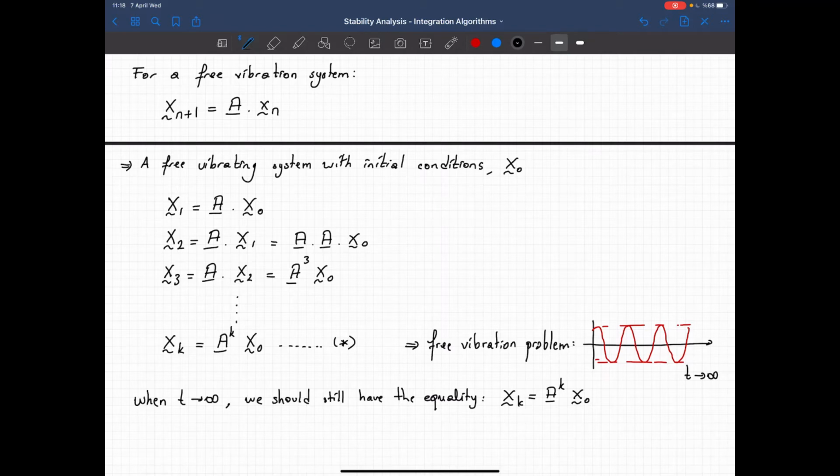In other words, as I continue to take the power of this matrix A, this term should not diverge to infinity. In other words, when I say t goes to infinity, I'm saying that k also goes to infinity. So the power of this matrix should not diverge to infinity.